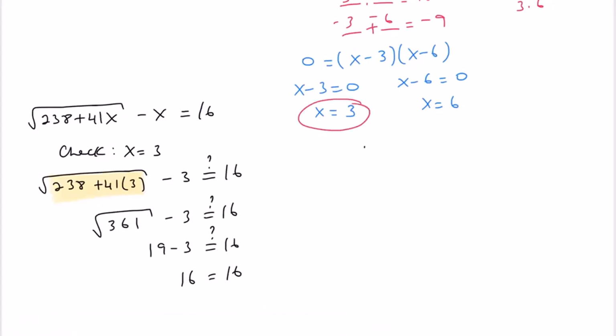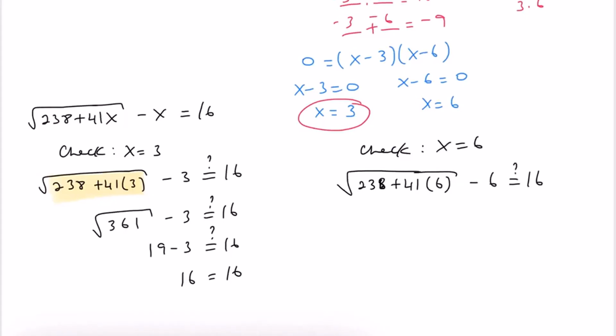Let's check the other one, x is 6. So we have the square root of 238 plus 41 times 6, minus 6. Is this equal to 16? Calculate the inside of the square root.